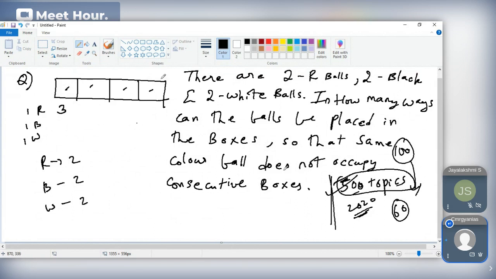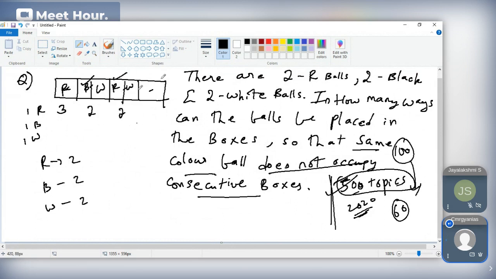But they are given condition: same color ball must not occupy consecutive box. So here if I put, suppose I put a red ball, here I can put either black or white only, one black or one white. So this I can put in two ways. Suppose here I put black, here I can put only red or white. So again two ways.